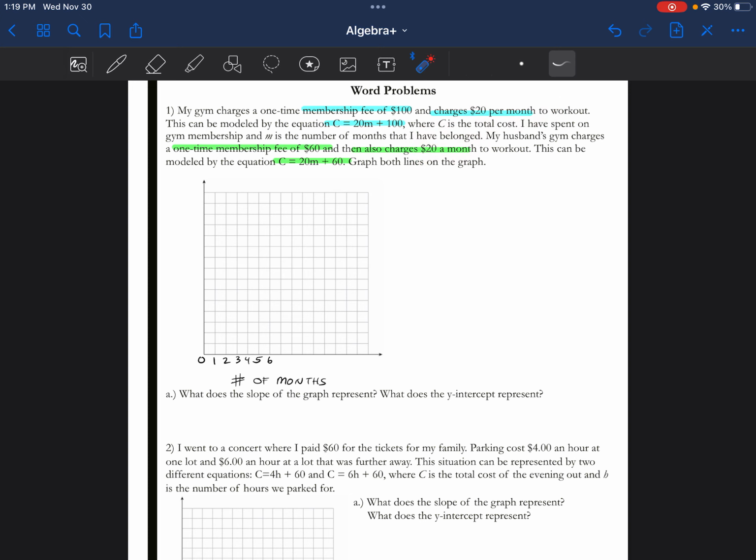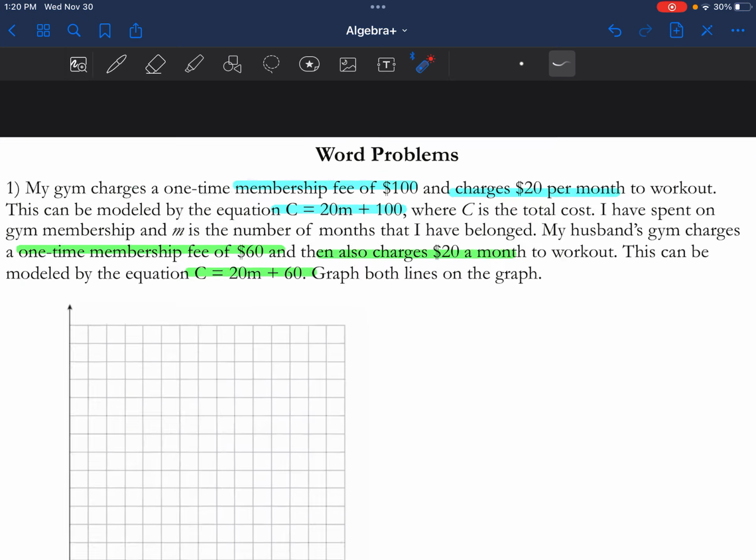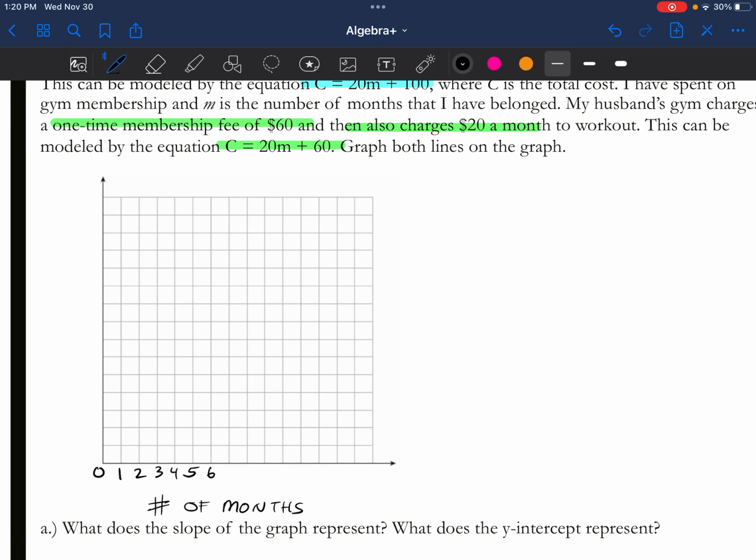It says our slope is, or my M, which usually is y equals mx plus b, right? See that M over here took the place of the x. So that's my x-axis. And then my total cost is going to be here because that's C, right? C is a total cost. And it says it up here as well. C is the total cost.